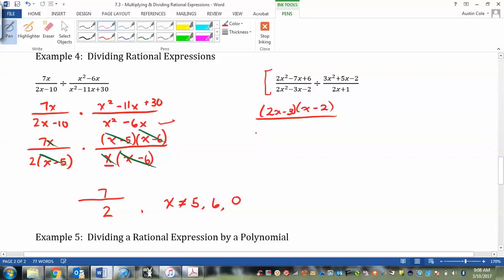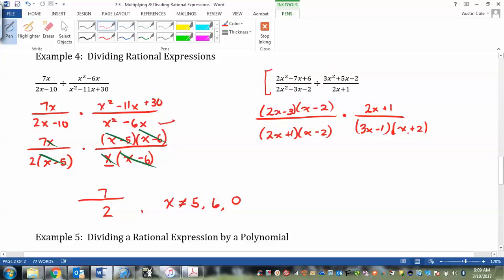My denominator was 2x plus 1 and x minus 2, times, because remember, this is a division problem, but I want to multiply by the reciprocal. So 2x plus 1, does that factor at all? No, so 2x plus 1. And then my denominator now is 3x minus 1 and x plus 2.